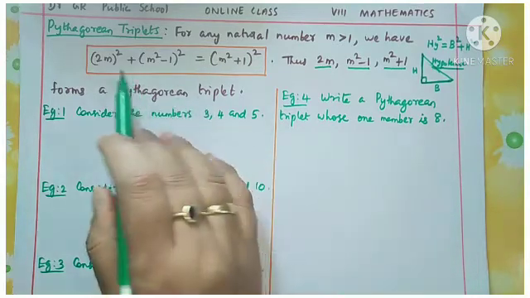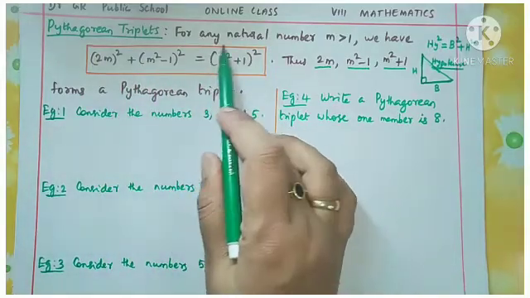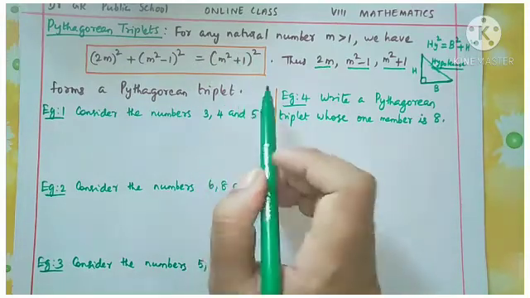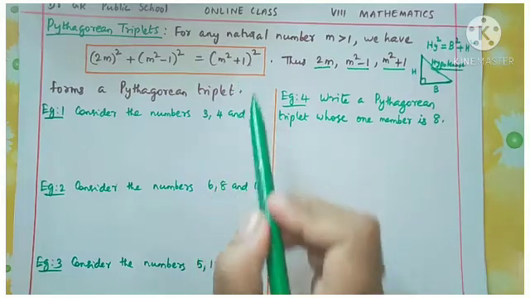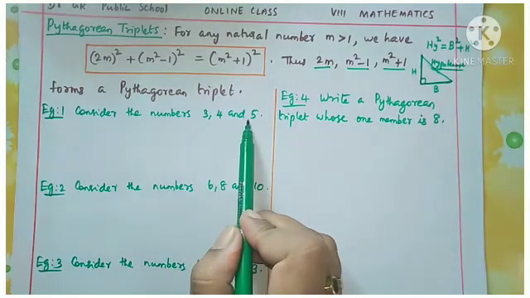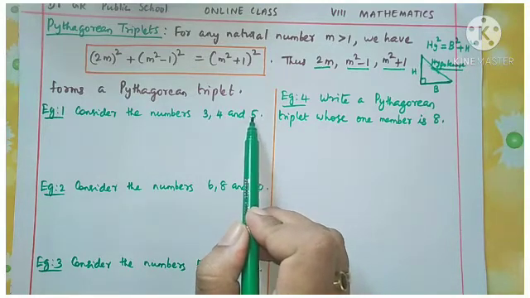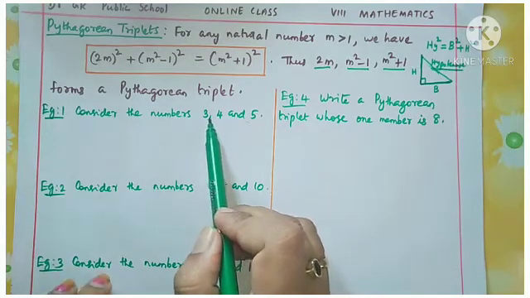From the three numbers, the right side number is the biggest number. Here you see 3, 4, 5. Who is the biggest number? 5. So we need to add the squares of the two small numbers. What will you get?